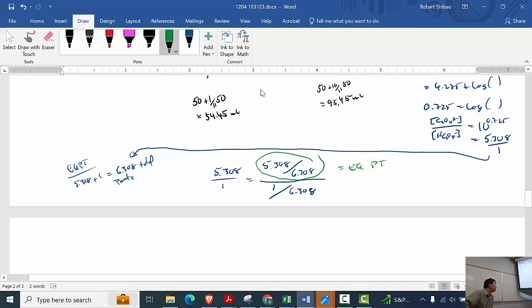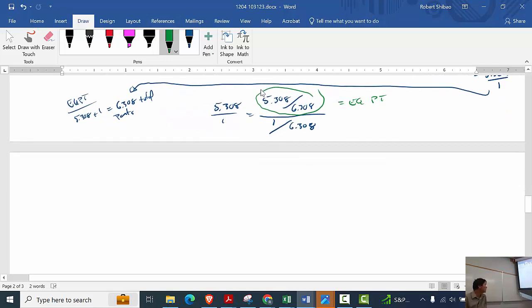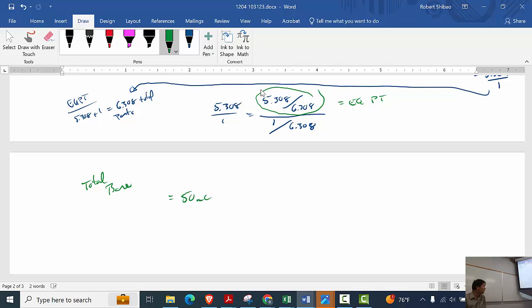And so if I want to calculate the total base that's required, it's going to be 50 milliliters to get to the first equivalence point, plus 5.308 out of 6.308 out of the next 50. The next 50 milliliters would be for the second equivalence point, but I don't quite get there.